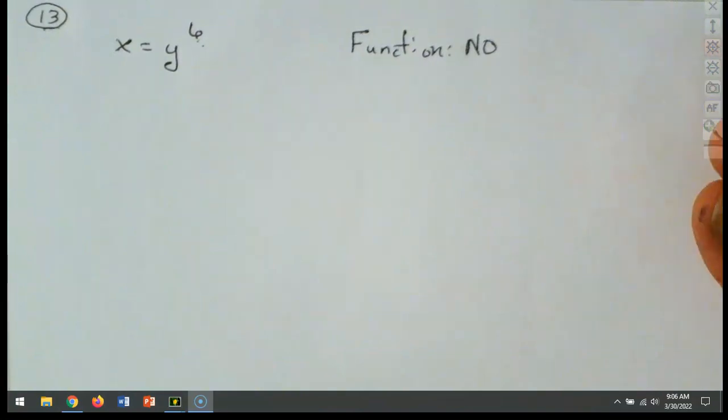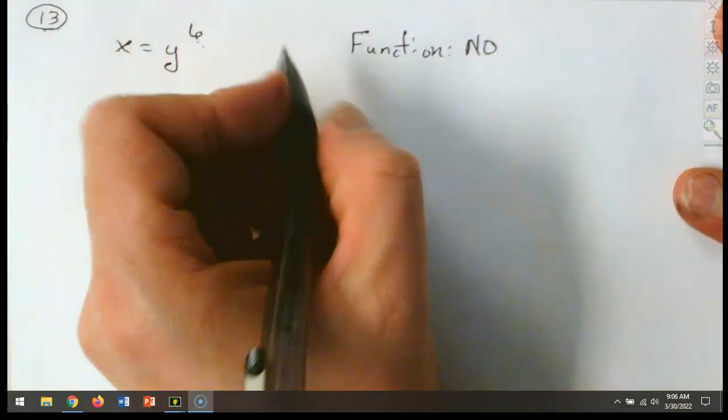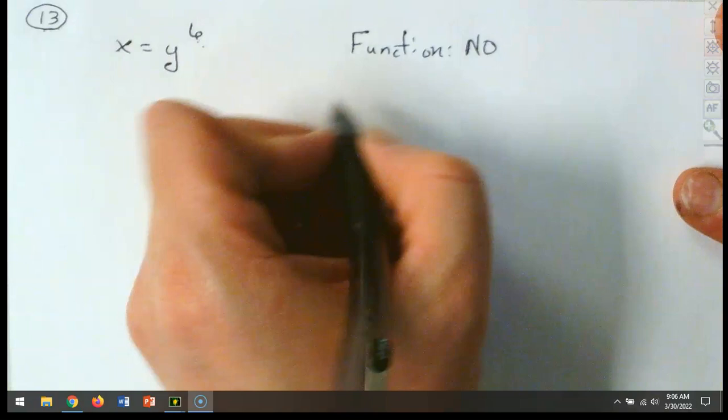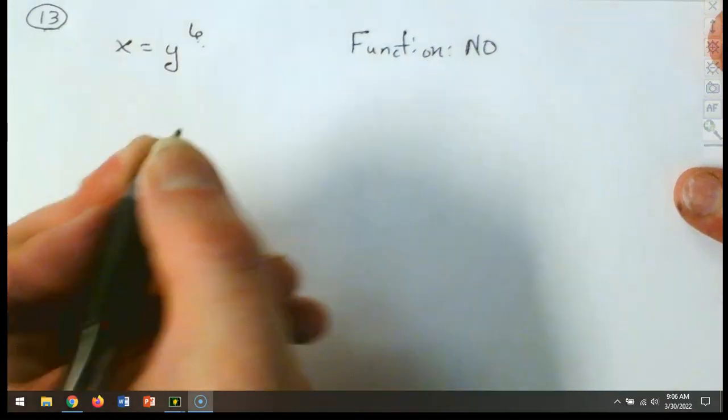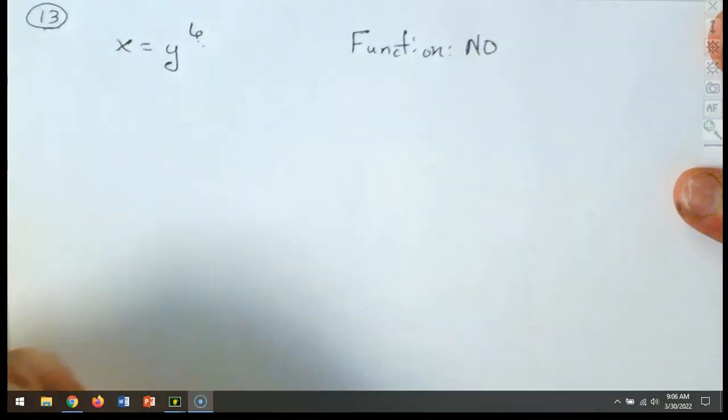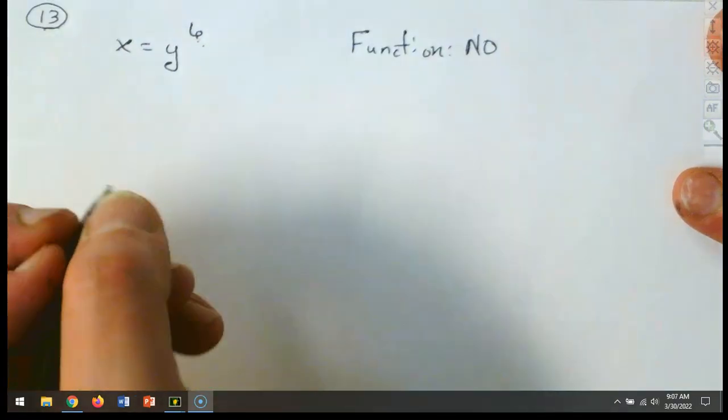Now, if it's not a function, we find the domain by checking values of y, and we see what we get out. So we're going to have to check values of y. I usually use 10 and negative 10. You can check it implicitly with y and negative y, but students struggle with that.